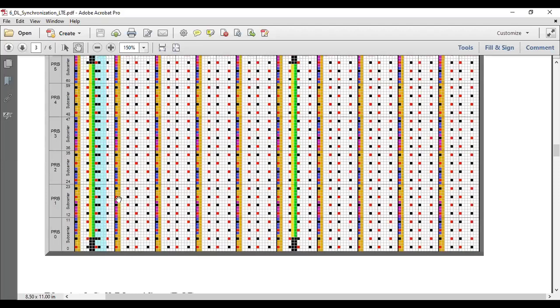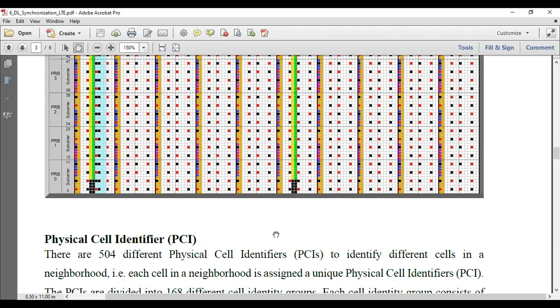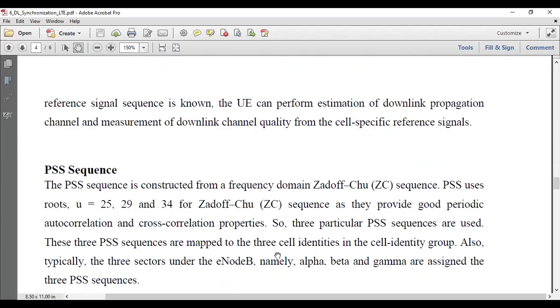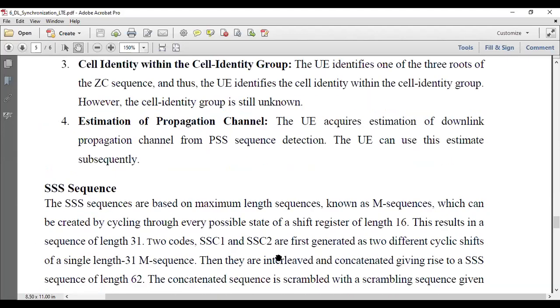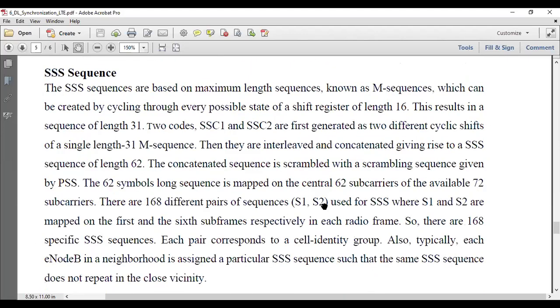Check with all of them until you get the right one. Once you get the correlation peak here, you know which set you have for the two positions, and then you know which one among the 168 cell entity groups you are linked with.